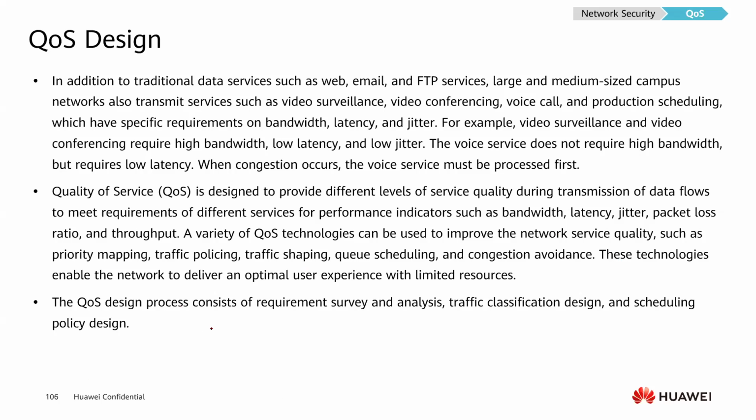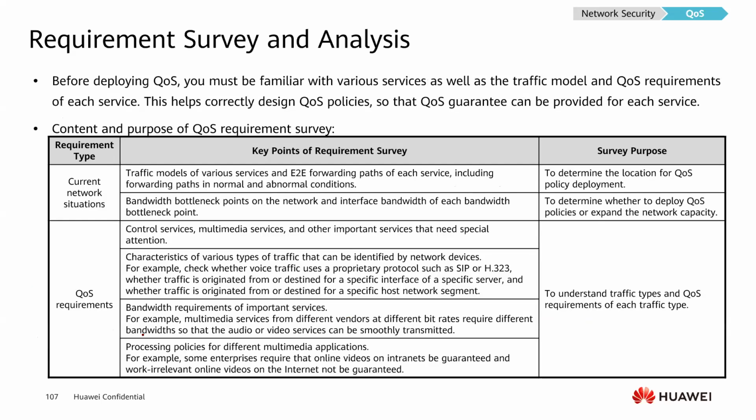And the QoS design goes through three steps. First is to analyze the requirements of the network, then design the traffic classification, because QoS is based on the different traffic, and finally design the QoS policy. So first, analyze the requirements of the network, starting with the current network situation.